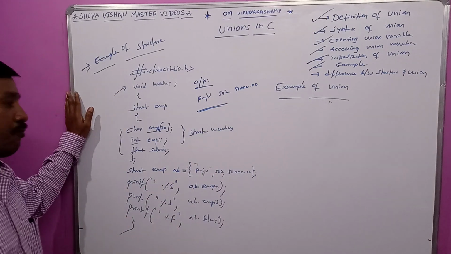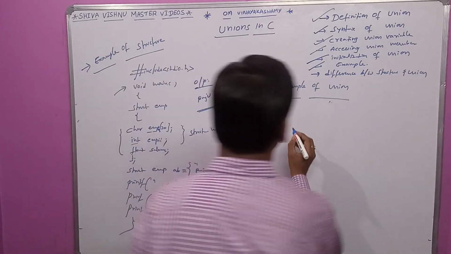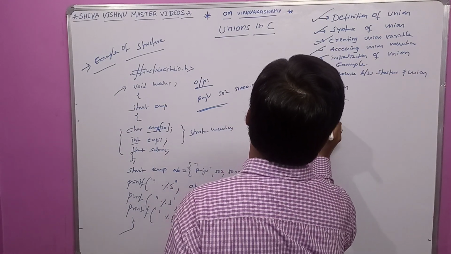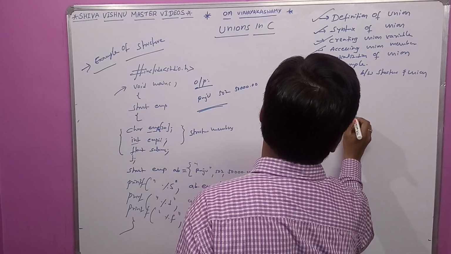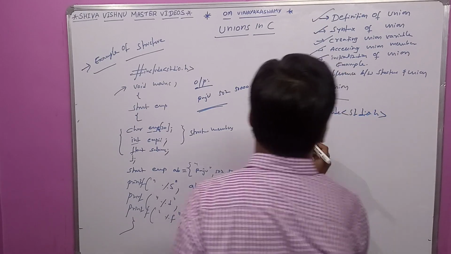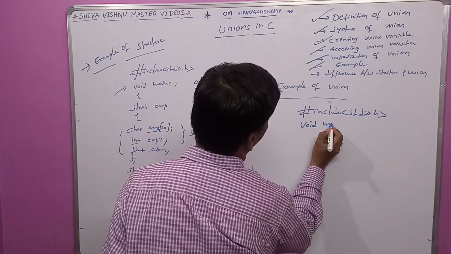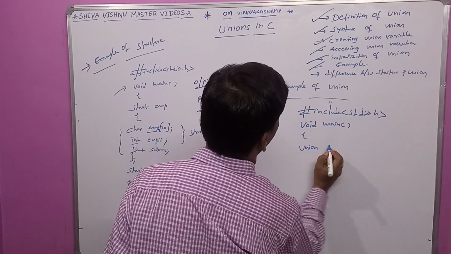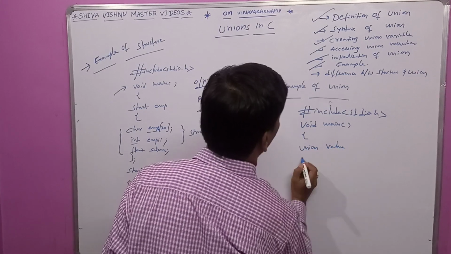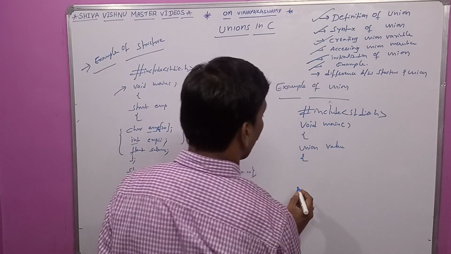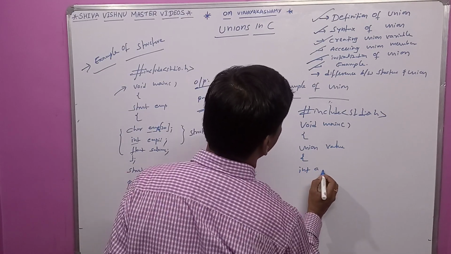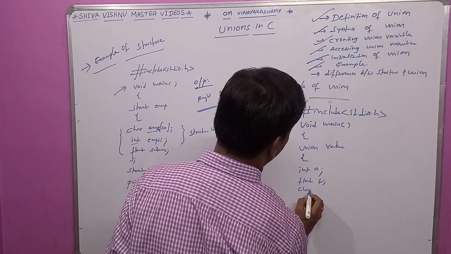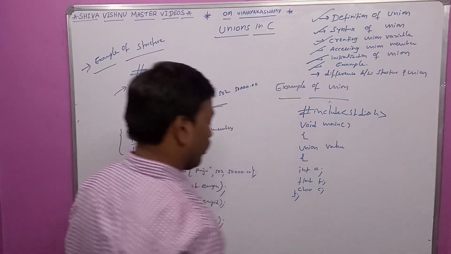Previously you saw the example of a structure. Now the union example: hash include stdio.h, void main, open brace, union name value, open brace, int i semicolon, float f semicolon, char c semicolon, close semicolon.